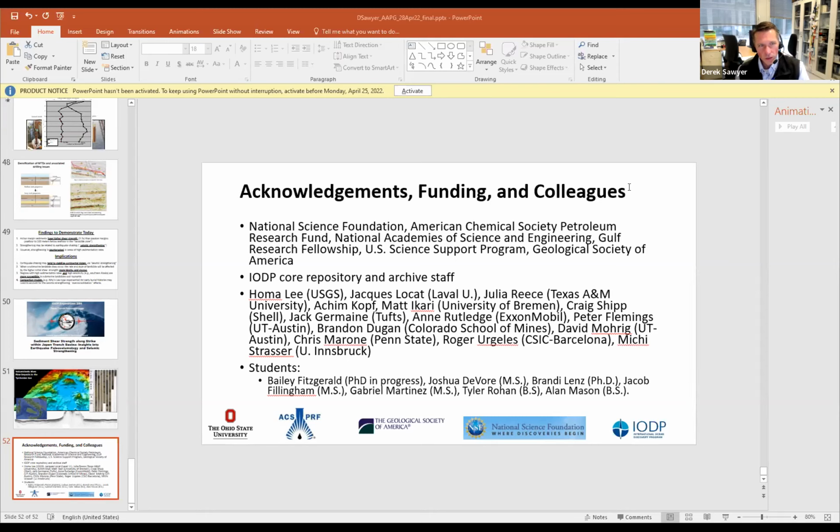And the other thing is we do see these effects, like the cores that are stiffer. They come from deeper depths, and when we bring them up, they tend to be obviously stiffer, and so they break or they naturally will crack. And so when we're doing a vane shear measurement on those, you really have to be careful about where you're putting the vane shear. Obviously, if you put it in something that's already been fractured, you're going to get an artificial measurement.